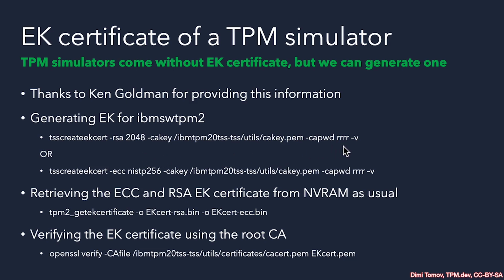There is a password for the root CA that is 4 times lowercase r. Once we have the EK certificate stored in our TPM simulator, we can just extract it using the TPM2_getekcertificate as usual, as if this really came from a TPM vendor, but it is just a TPM simulator. And then using OpenSSL verify, we can verify the certificate chain.